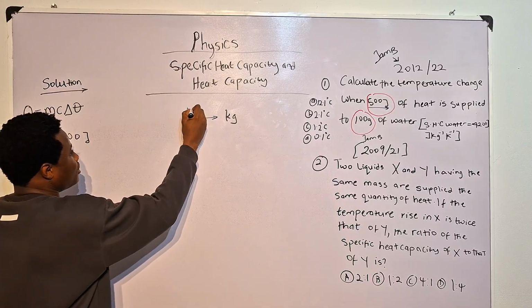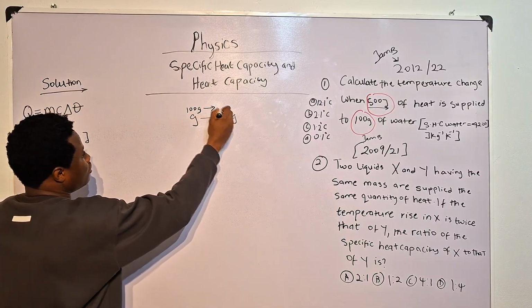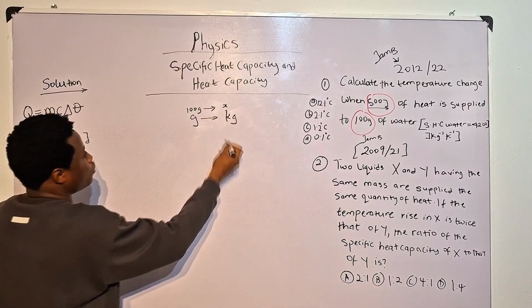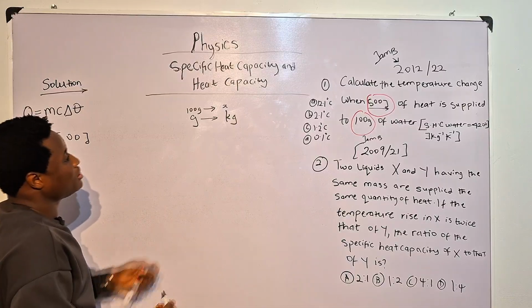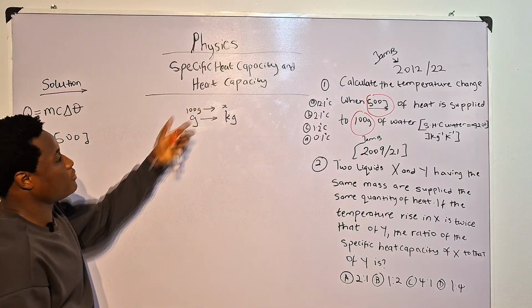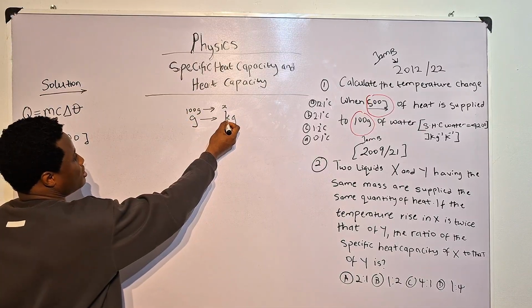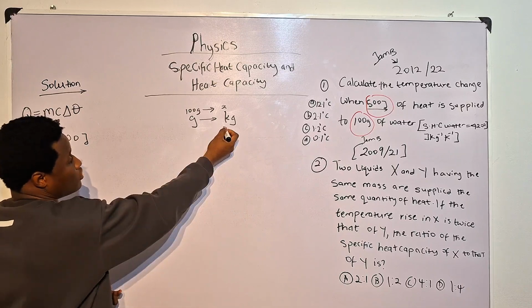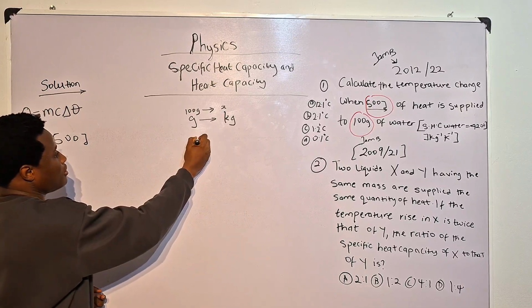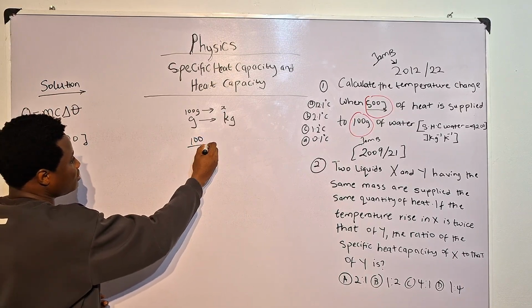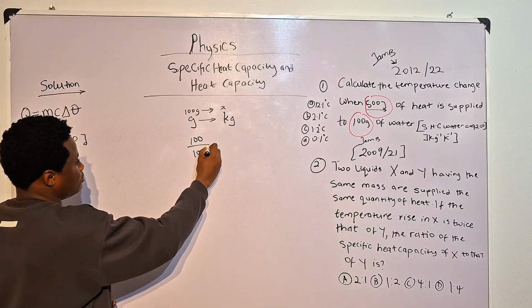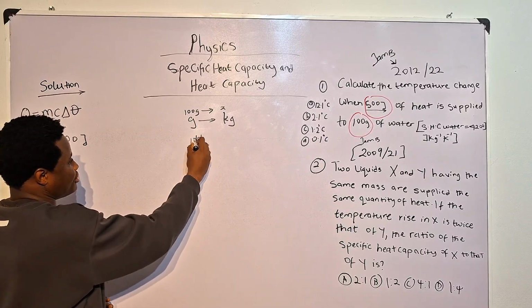To convert 100 gram to kilogram, we divide by 1,000 because kilo means 1,000. So we say 100 divided by 1,000. Zero cancels zero, zero cancels zero.